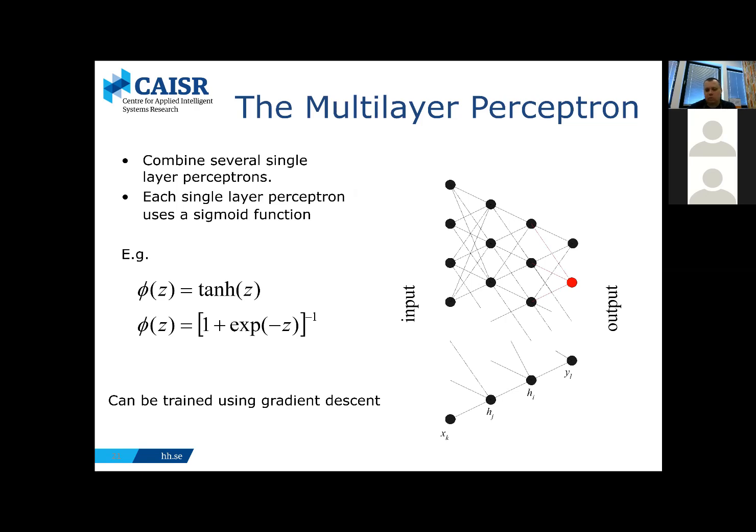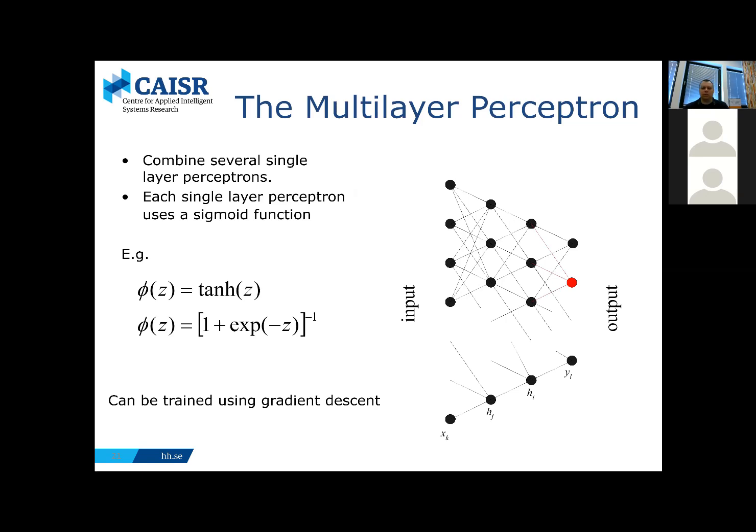One was, as we said, if we want to train them using gradient descent, it's important that we can actually differentiate the total output of the network so that we know which weights we should be changing in order to reach the low error as soon as possible.